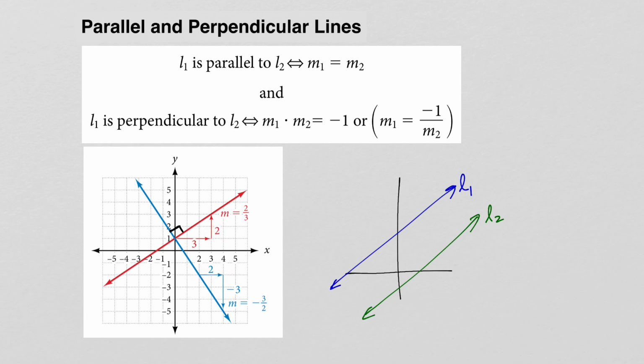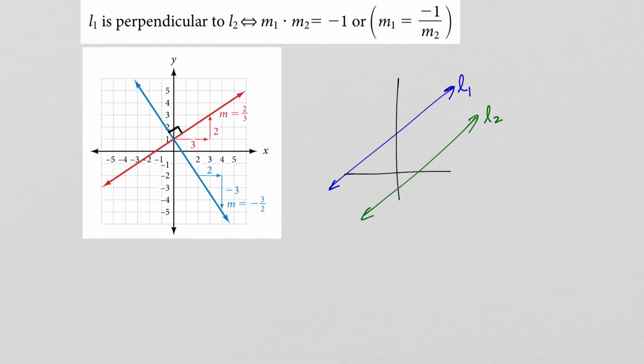But also we can see very clearly one line has a positive slope and the other line has a negative slope. So if two lines are perpendicular, the product of those two slopes will always be equal to -1. But we can also say the slope of the first line is the negative reciprocal of the slope of the second line.